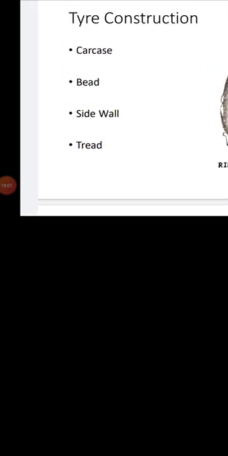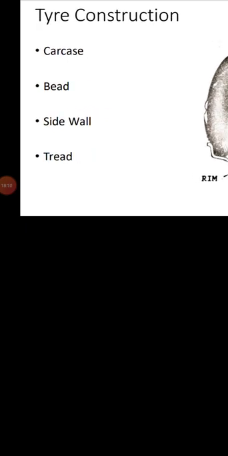Now the tread. If we look outside a tire, you can see the treads of the tire. The tread is the part of the tire which contacts the road surface when the wheel is rolling over the road, and it is mainly a rubber compound, and its pattern design considerably influences the tire's gripping and road holding ability and working life.